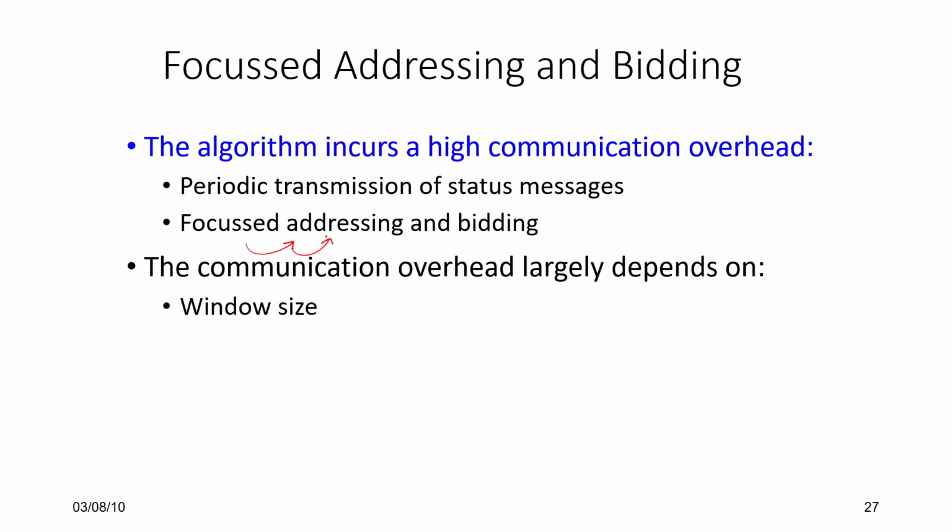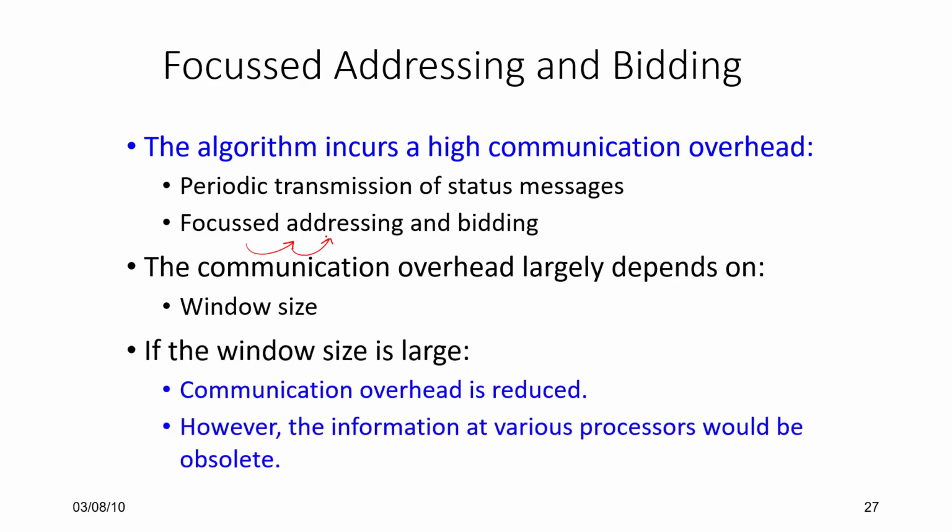So clearly a lot depends on the window size. If the window size is large, it will reduce the communication overhead, but it will also increase the level of mismatch between the information in the status table of one processor and the system load table of another processor, which tracks the utilization, right? So basically, you will have more obsolete information in the system.